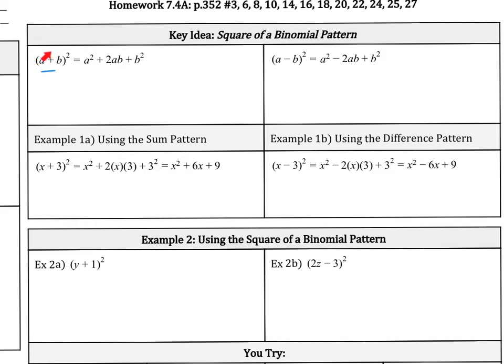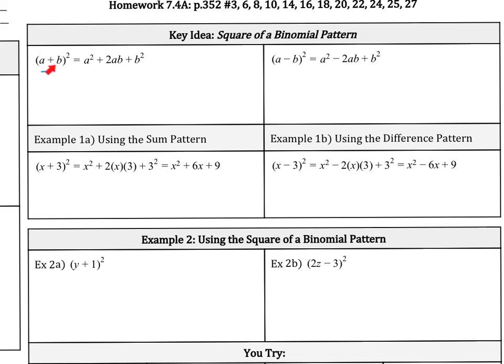When we did these types of problems using FOIL or the box method, the standard form came out as the square of the first term, a square, the square of the last term, and inside is 2 times a times b.